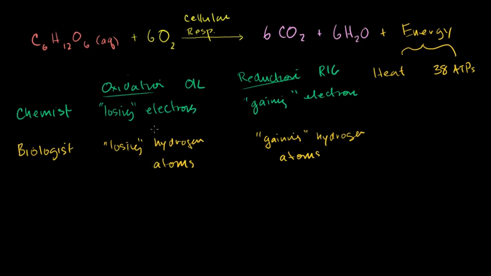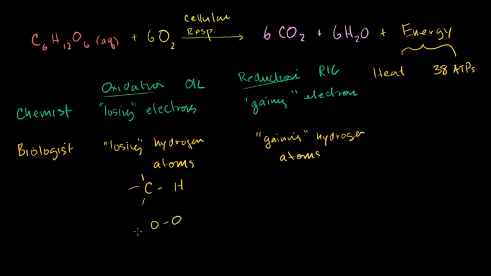The reason we said that these two ideas are consistent is because if I'm talking about a carbon, and a carbon is losing a hydrogen, let's say I have some compound that looks like this, maybe it's connected to a bunch of other things someplace else, and then later on I have a carbon that looks like that, and then I have an oxygen that's maybe bound to another oxygen.